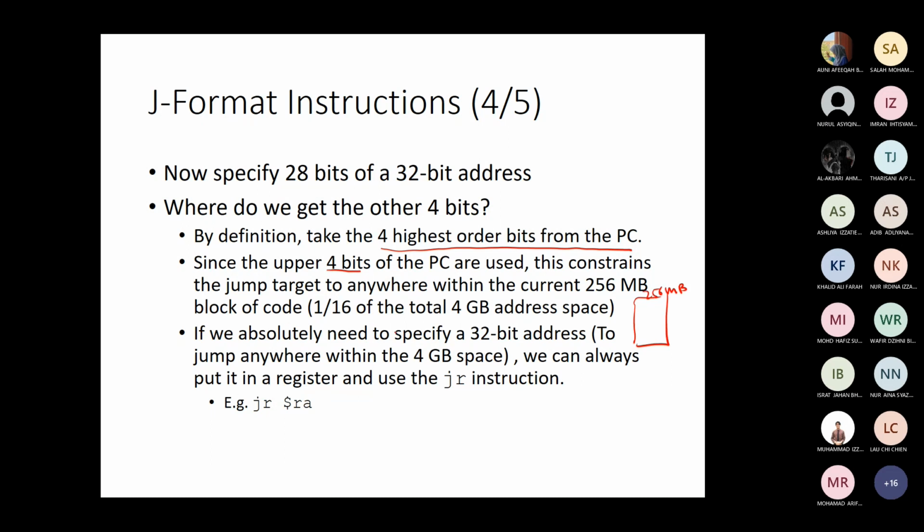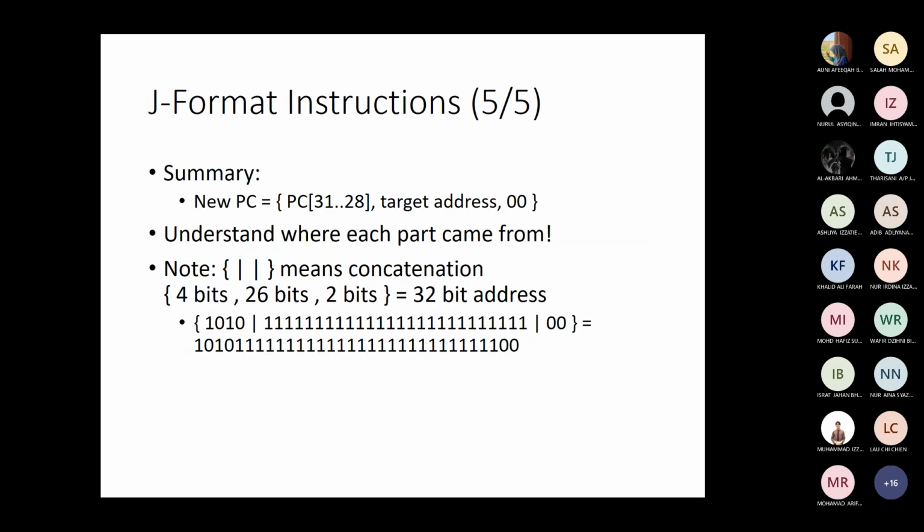If we absolutely need to specify a 32-bit address to jump anywhere within the 4 gigabyte space, we can always put it in a register and use JR, jump register. It's like a pointer register, but the register contains the address.